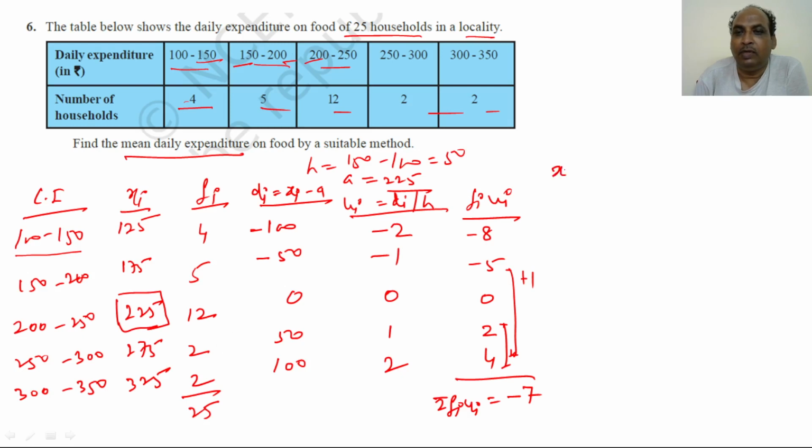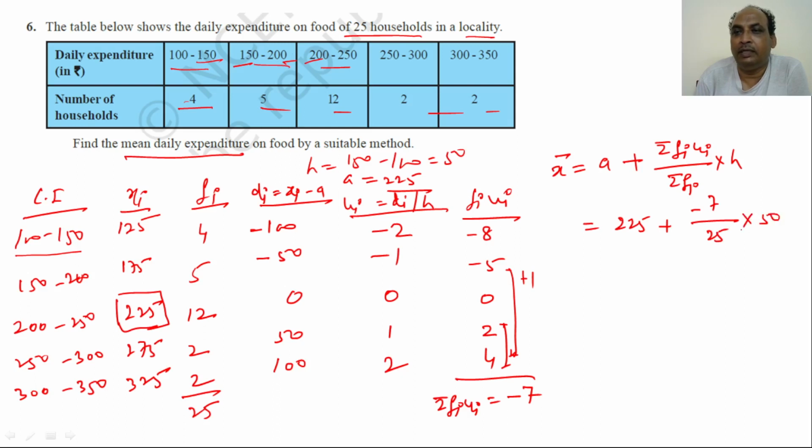So the mean we are going to find out: assumed mean plus sigma fi ui by sigma fi into h. So this is equal to A is 225 and sigma fi ui, as it is, minus 7 divided by 25 into h is 50. 25 has cancelled this, so it has become 2.